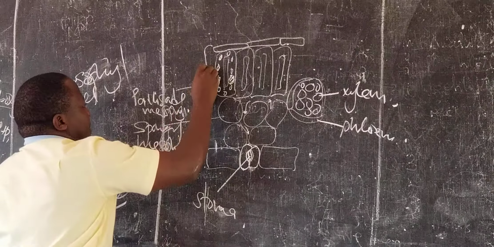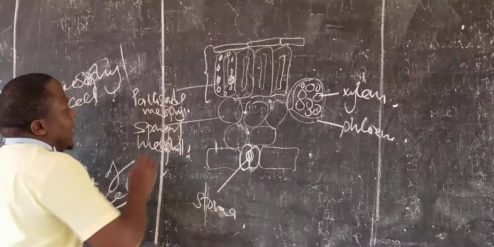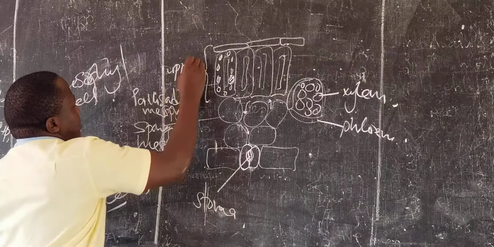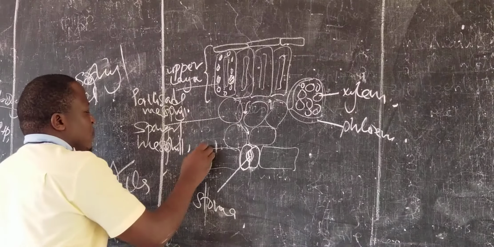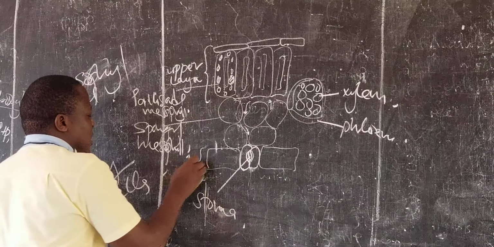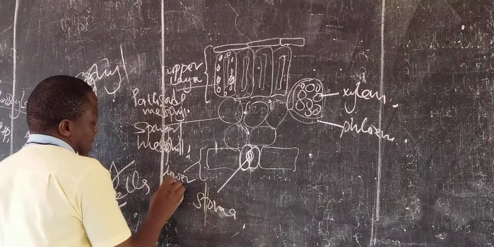This is the upper epidermis, or you can simply call it the upper layer of the leaf. However, this one here is the lower layer of the leaf. You can say lower epidermis.